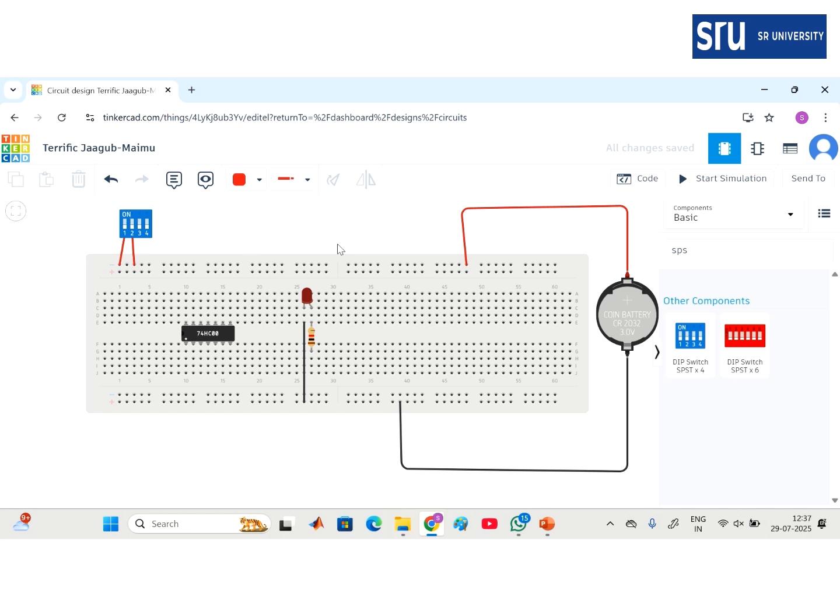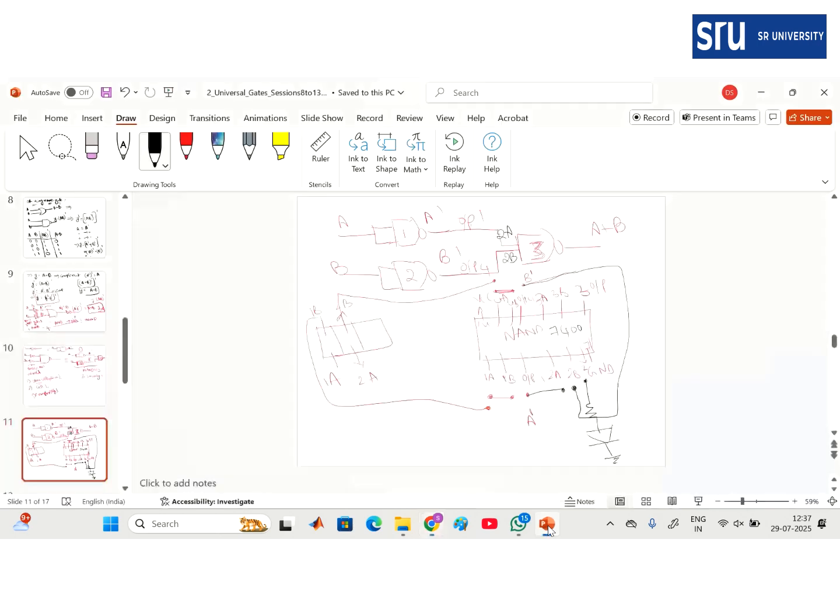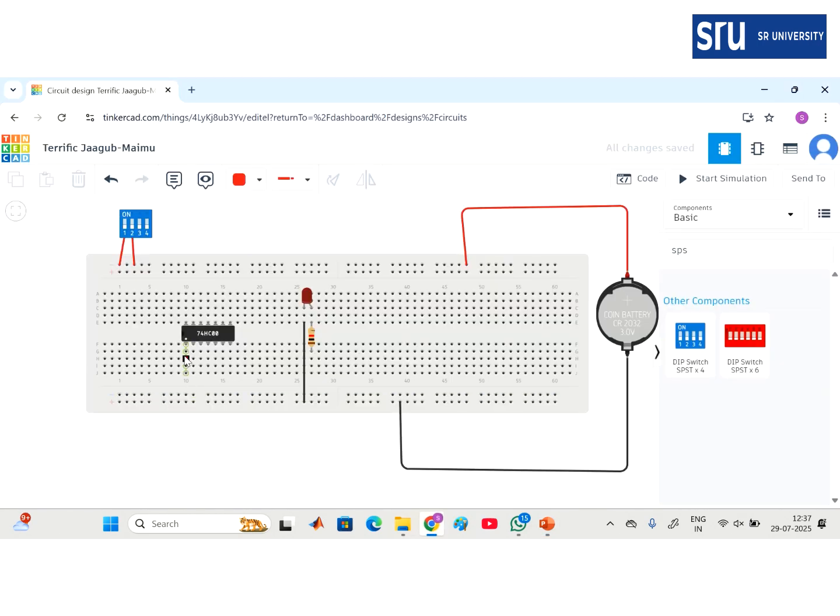Now firstly what I need to do is the short circuiting. As I have clearly explained, 1A and 1B have to be short circuited, and the input has to be given to 1A or 1B. So first short circuit these two. I am short circuiting 1A and 1B.